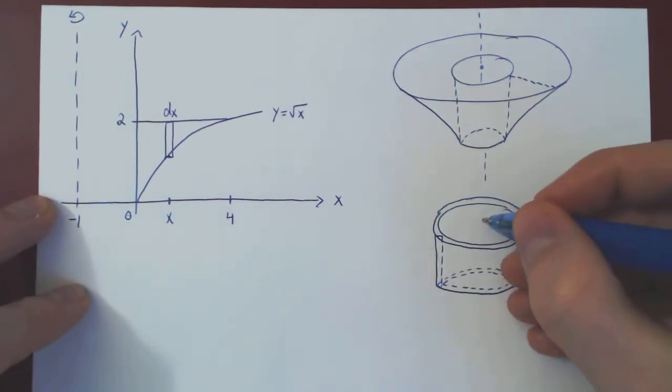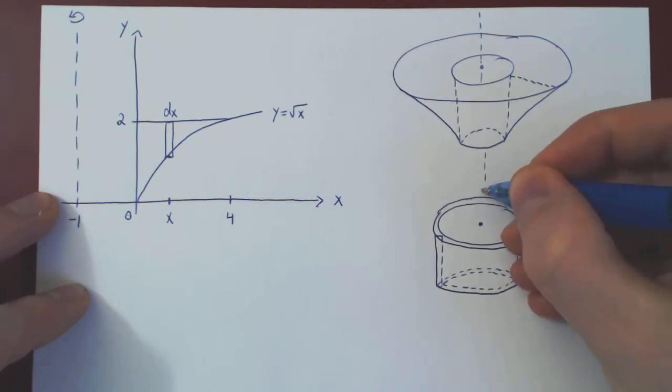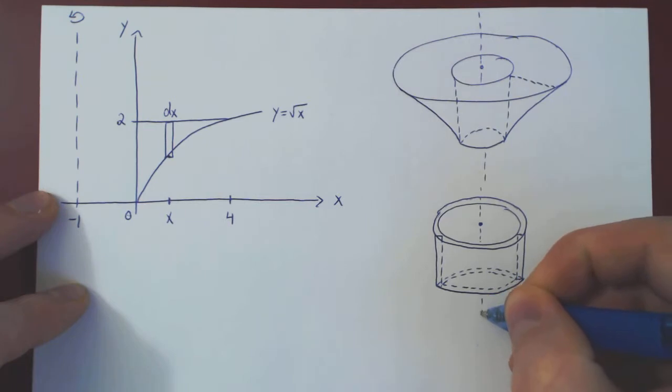And again, the center of your shell, of your aluminum can, is the axis of revolution.